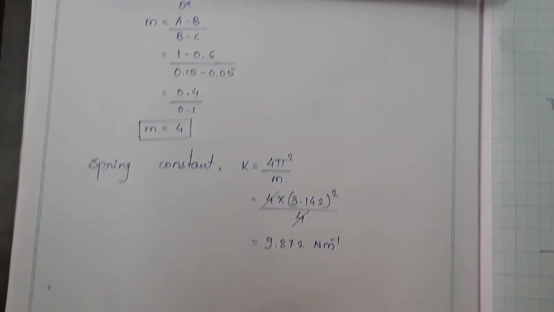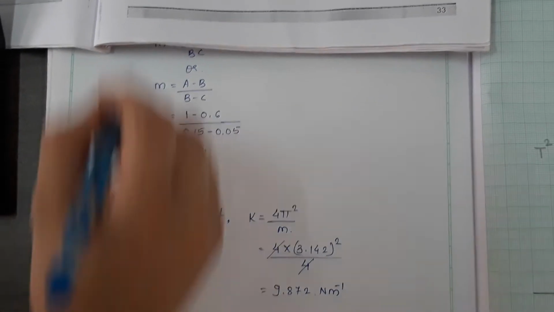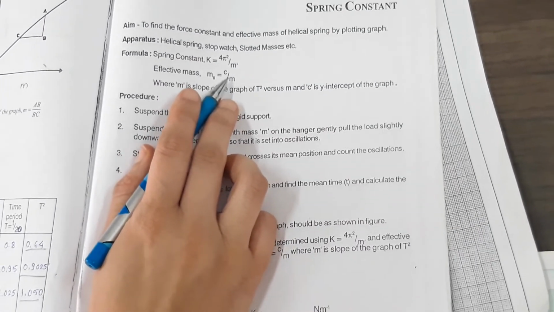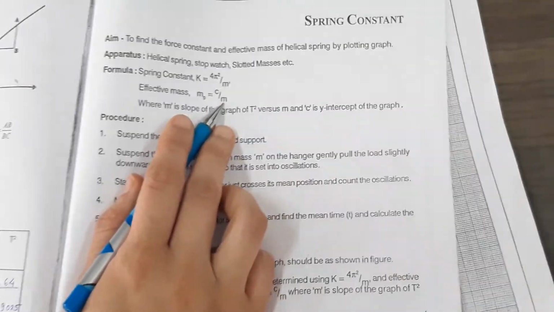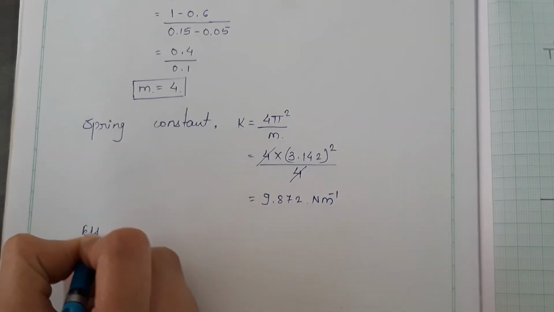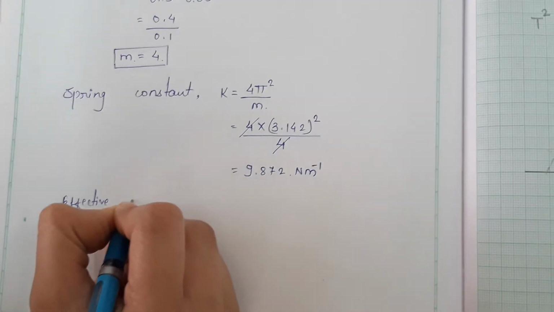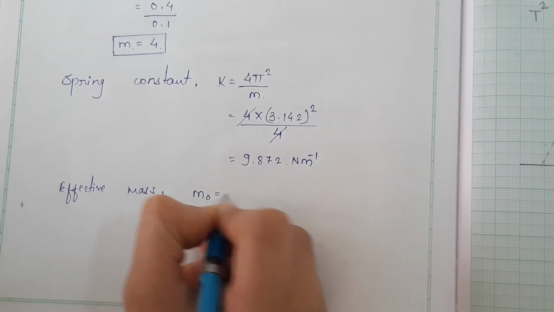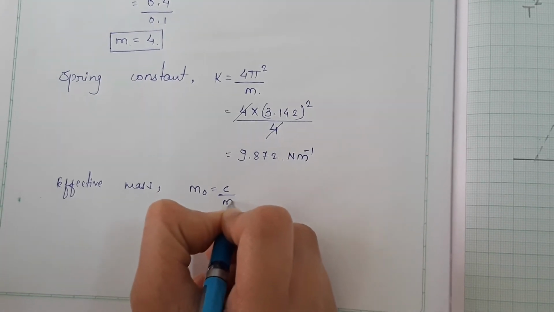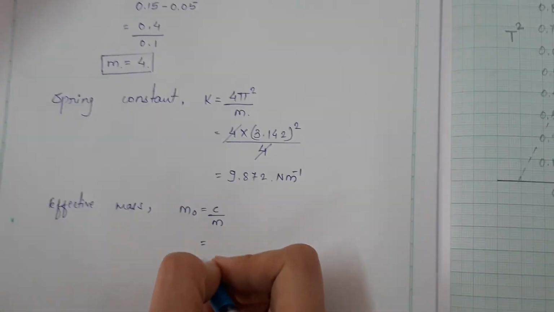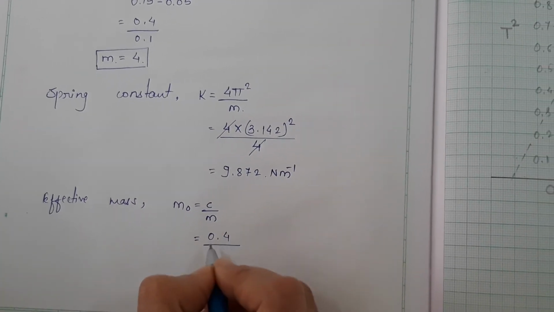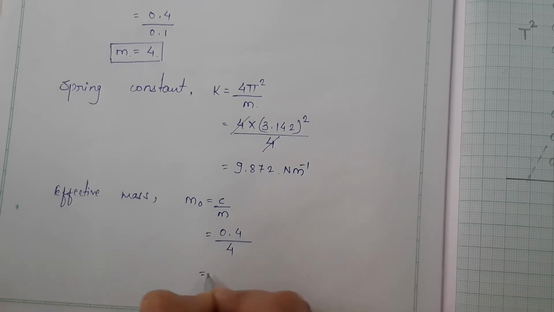Next, we will calculate the effective mass. Effective mass m naught equals C upon m, where C is the intercept and m is the slope. So here, m naught equals C upon m. C, our intercept, is 0.4, divided by m, our slope, which is 4.